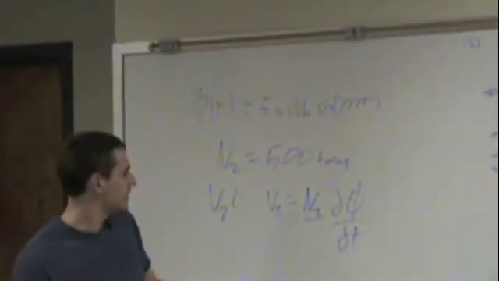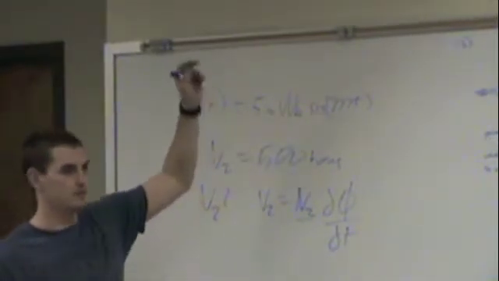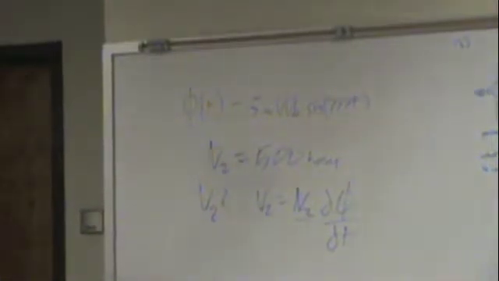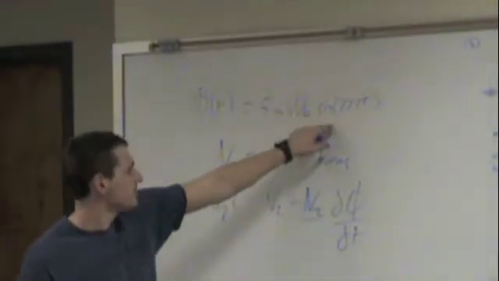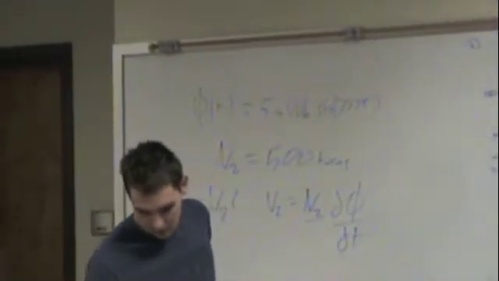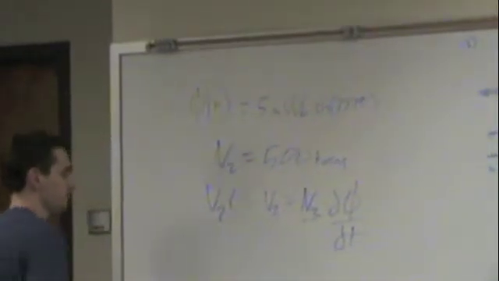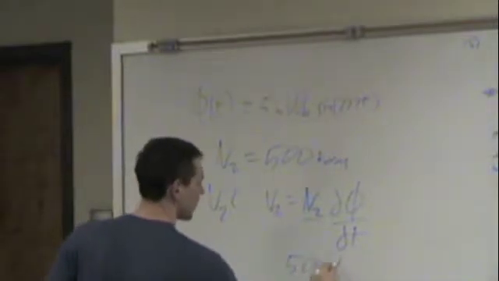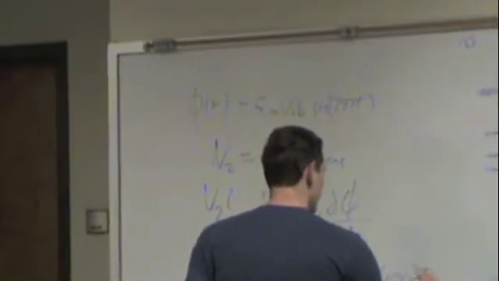Okay, so we take the derivative of this. This is a constant, so what happens to a constant in a derivative? It just gets to the outside, because it's multiplied. And then you take the derivative of the sine, which is cosine, cosine 377t.